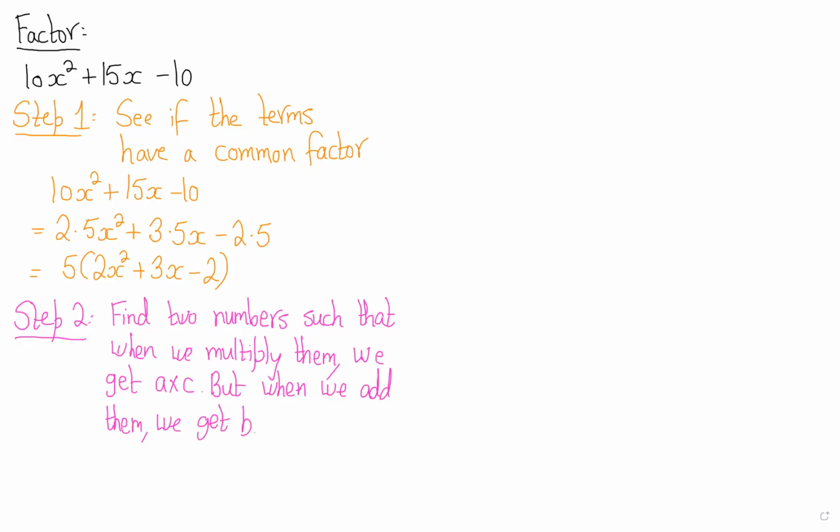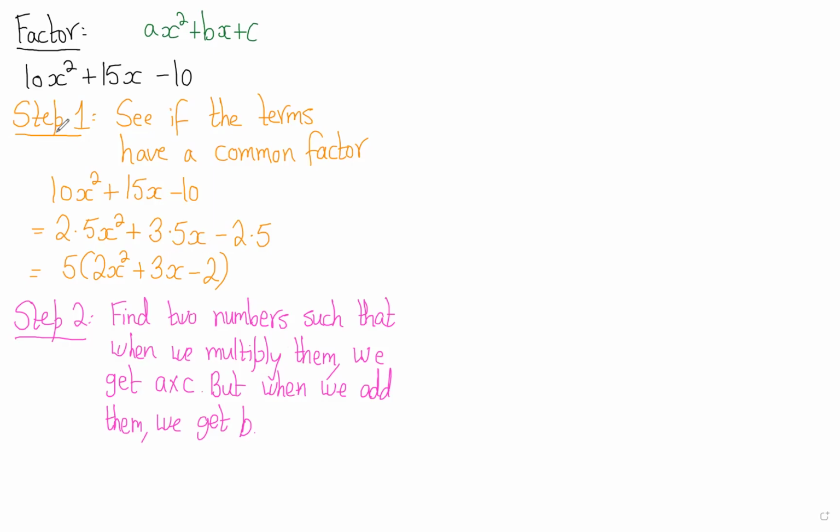Now this is going to be the most interesting part, right? But before we talk about this, I want to talk about the general form of a quadratic expression, right? So the general form of a quadratic expression looks something like this: Ax squared plus bx plus c, right? This is what the general form of a quadratic expression looks like.